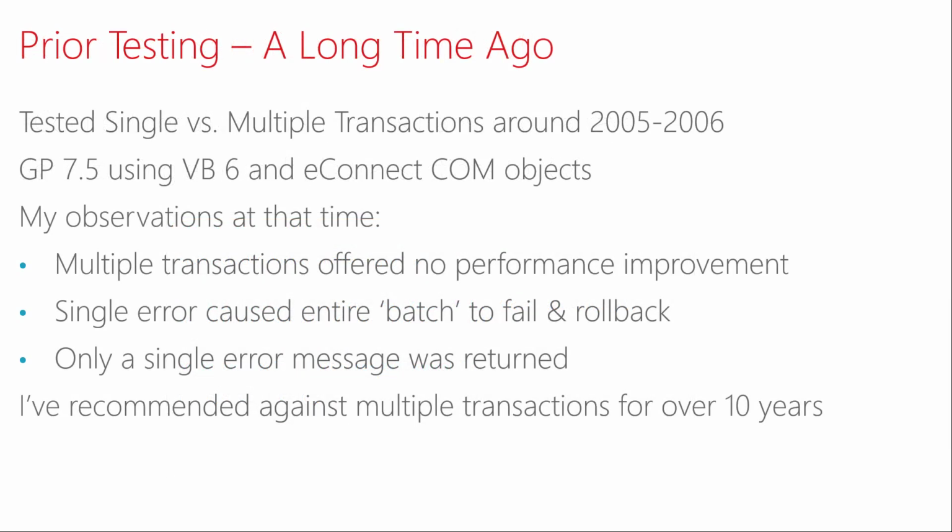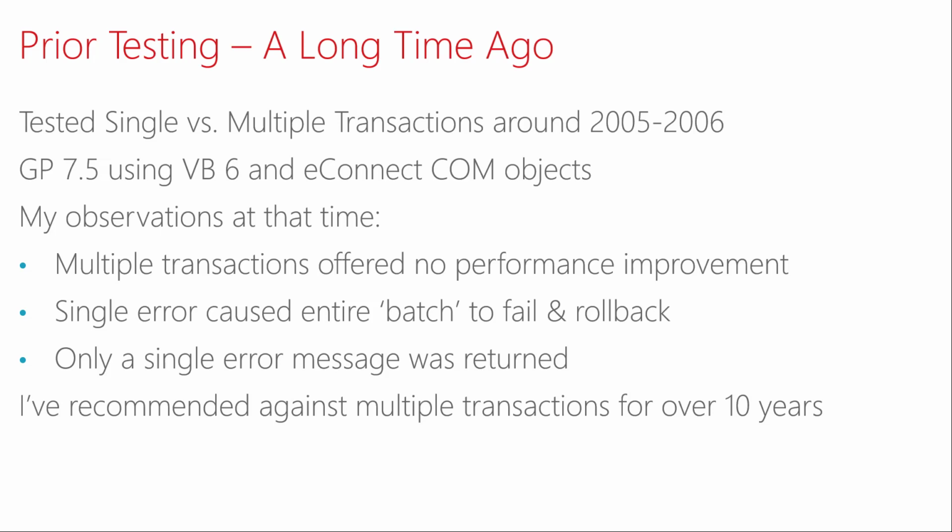I found this a long time ago when I first started using eConnect, and I thought, that's interesting. It supports a single transaction, but it also has arrays, so I can send multiple transactions. So I did a test and wanted to see what the difference would be and why I would do single versus multiple. This was quite a while ago. I was using, I believe, GP 7.5 and Visual Basic 6 with the eConnect COM objects at the time.